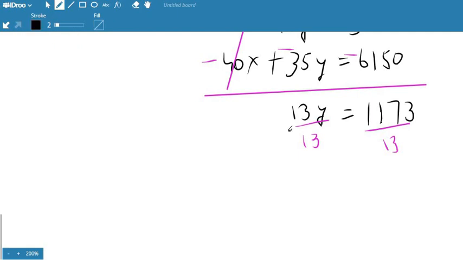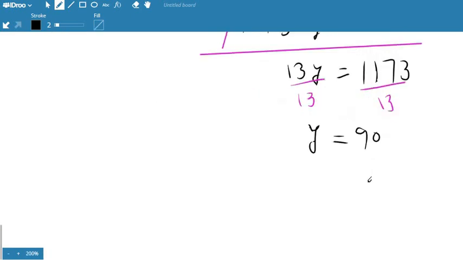If you solve it by calculator, you will have y equals 90. And this is your mathematical answer.